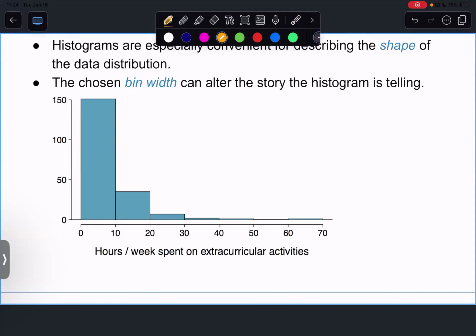Here we're going to have a count on the x-axis, or often it's called the frequency. And then this is a bin. So we've got multiple bins, and some bins are empty, which is fine.